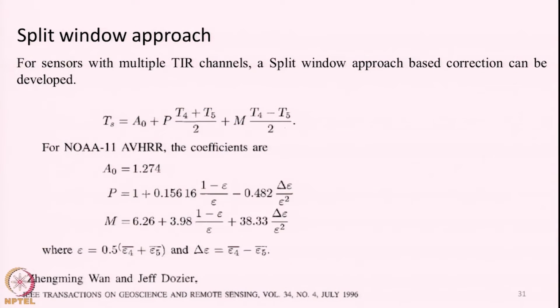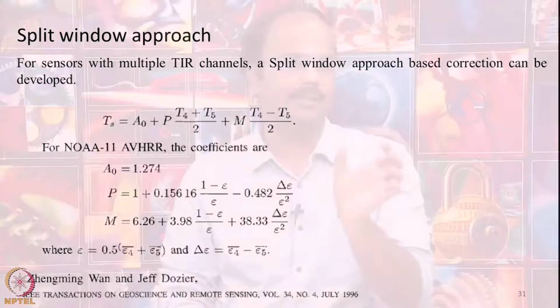In that case, we can resort to a method known as the split window technique or the split window method. In the split window method, the general assumption is differential atmospheric absorption, that is, the two thermal channels will normally be selected in a contiguous manner.